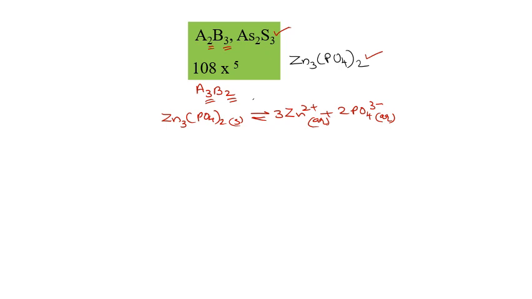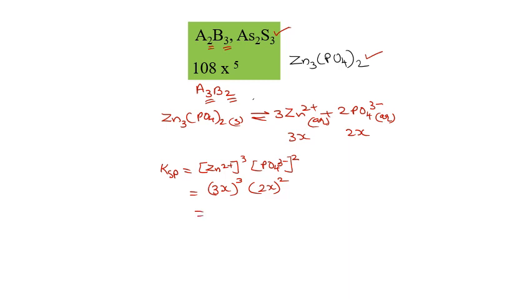And now we can write the x expression, that is 3x here and 2x here. And then I will write the Ksp expression, concentration of products, Zn2+ to the power 3, concentration of PO4 3- to the power 2. And now in terms of x, we can write the concentration of Zn2+, we got it as 3x. So we will be writing 3x here to the power 3, and for PO4, we have 2x, that's to the power 2.